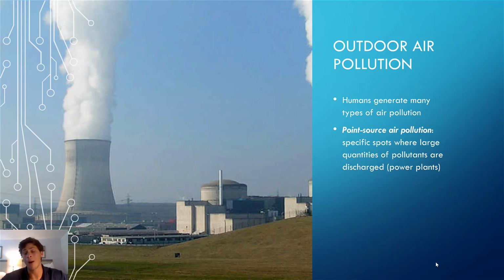Basically, you can think of power plants or any large factory which consistently discharges pollution from a single source and in large quantities. Now, this is very easy to control because we know exactly where the source of pollution is coming from. We can figure out where it's coming from at its source. We can control it very quickly, very easily, and it's typically very easy to regulate this type of pollution.